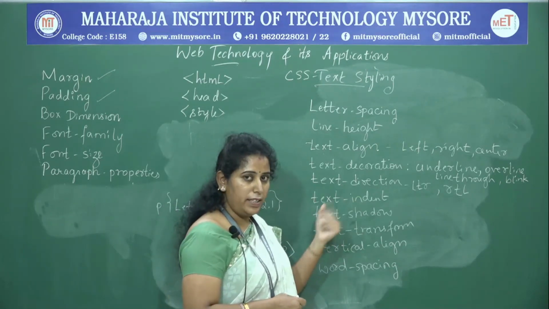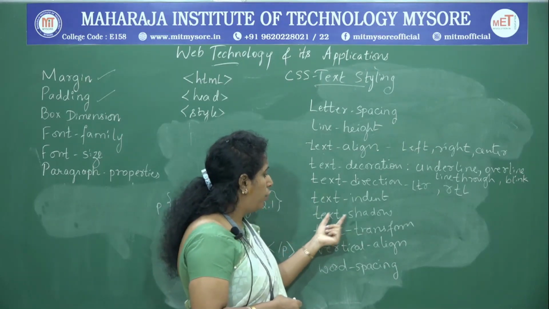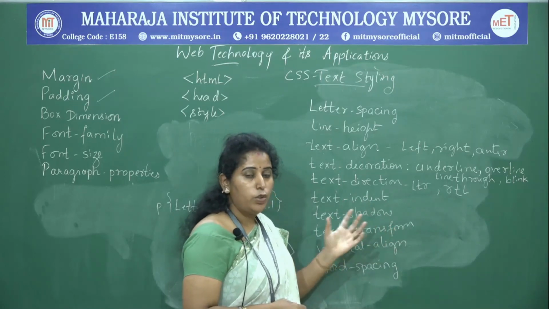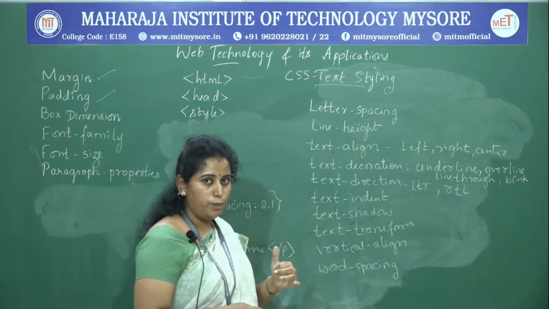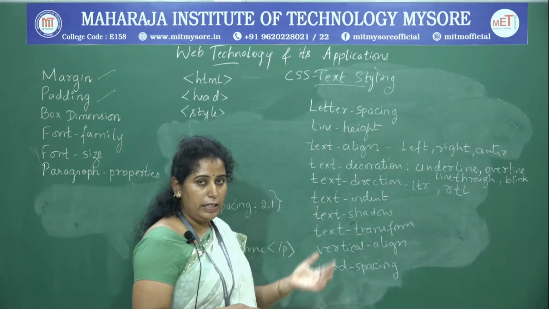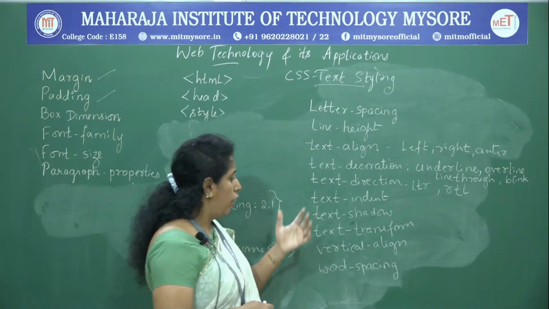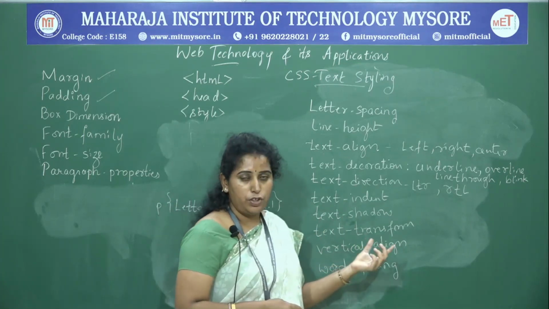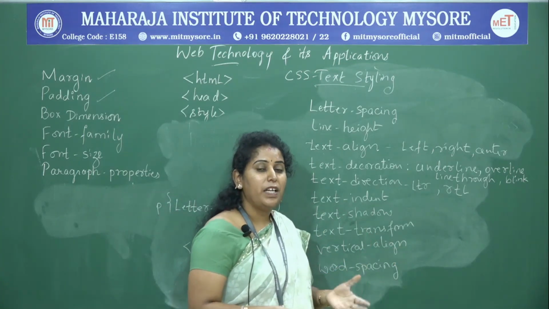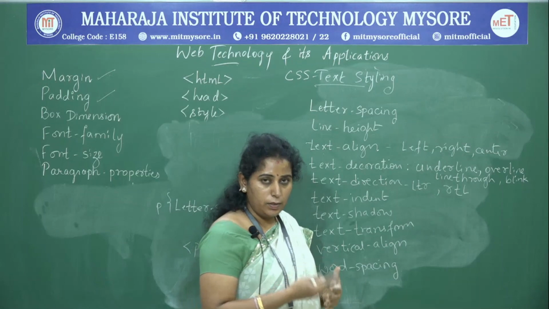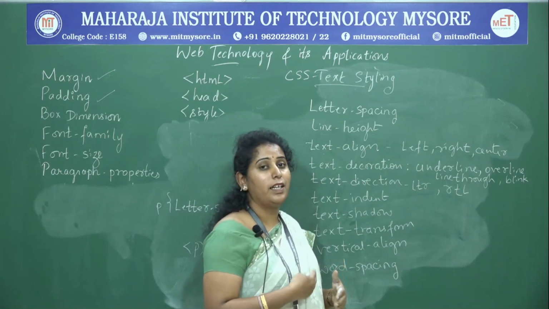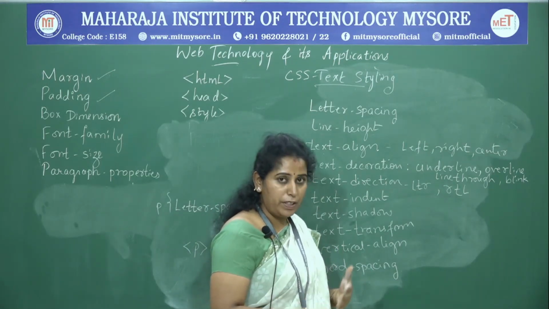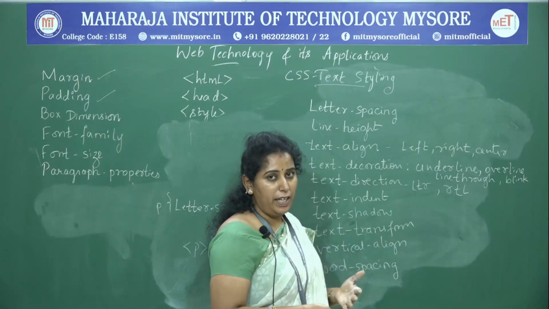Next is text shadow. You can add a shadow in terms of horizontal and vertical offset of a text, that is text shadow. Next, text transformation. Transform means whether you want to print it in uppercase, lowercase, or capitalize.